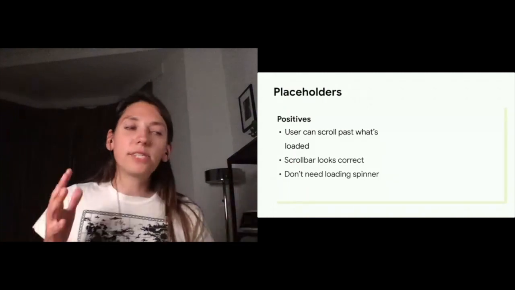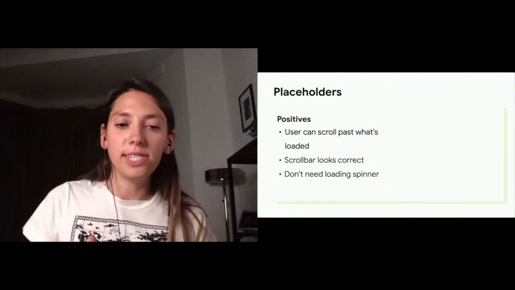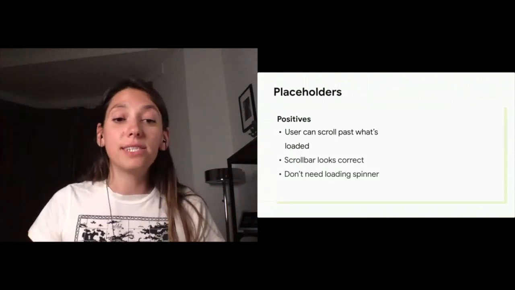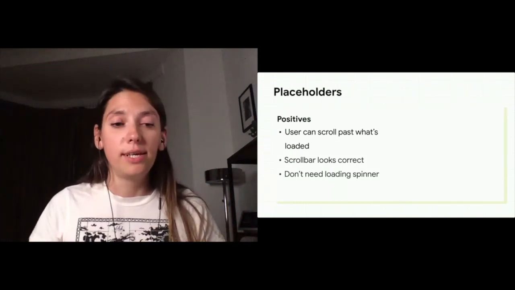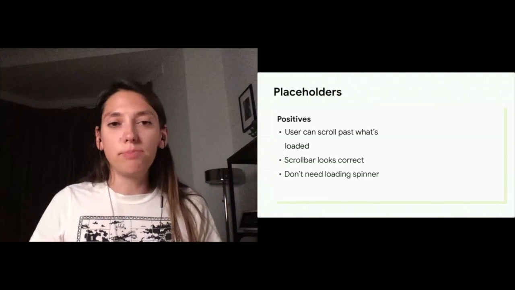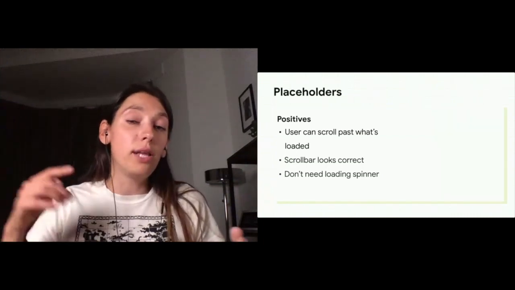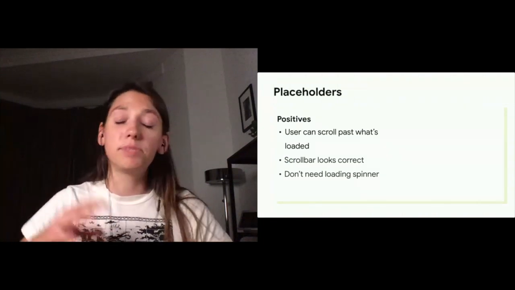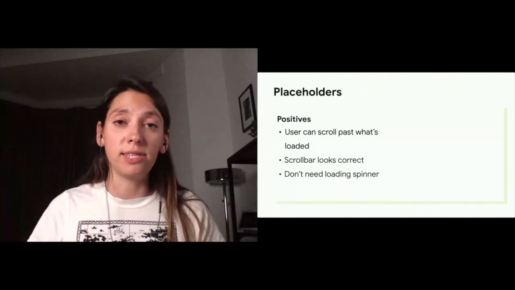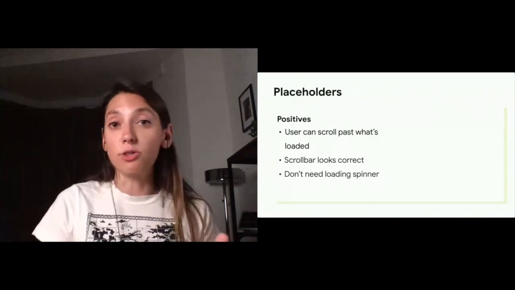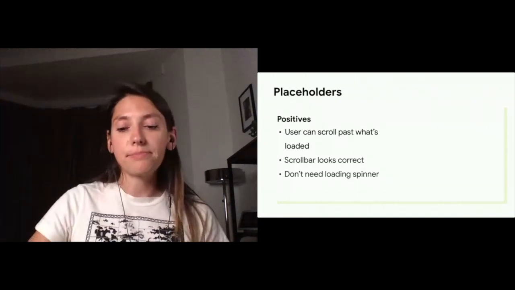Using placeholders has positives and negatives. The good thing is that users can scroll past what's loaded, and the scroll bar just looks correct from the beginning. Also, you don't need to show a loading spinner separately and take care of all of that functionality, because placeholders are the ones that show the user that you're still loading that data.